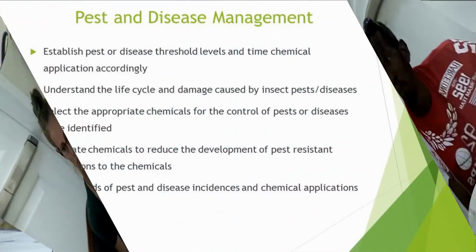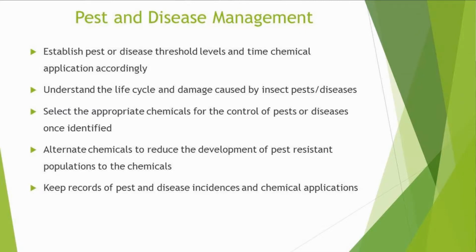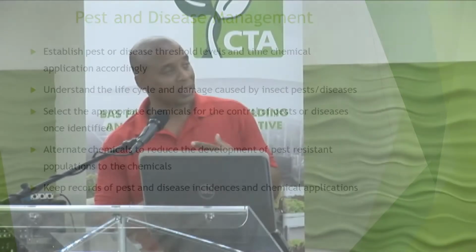Establish your pest and disease threshold levels. When we say threshold levels, you have your economic threshold level, and you have your action threshold level. You don't want the pest and disease to reach that economic threshold level, because that's when you start to lose your crop.